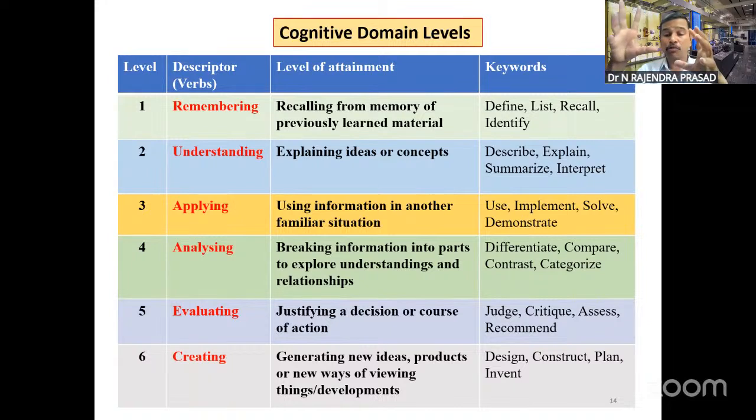So you can ask the question by incorporating keywords such as design, construct, plan, invent, prepare, fabricate, innovate, etc. These are all certain keywords, going from LOTs to HOTs here. Remember is a LOT, create is a HOT.